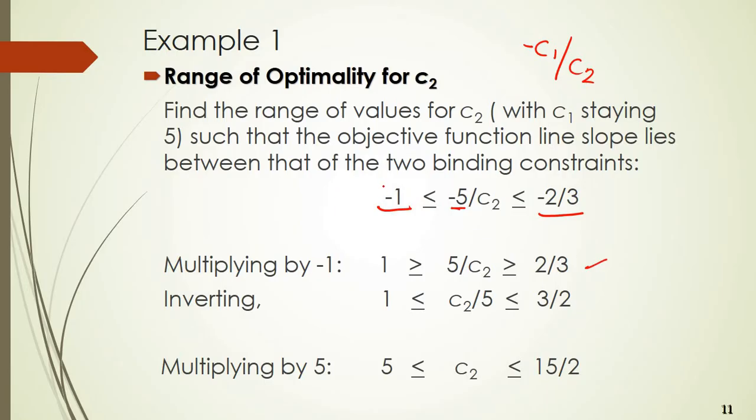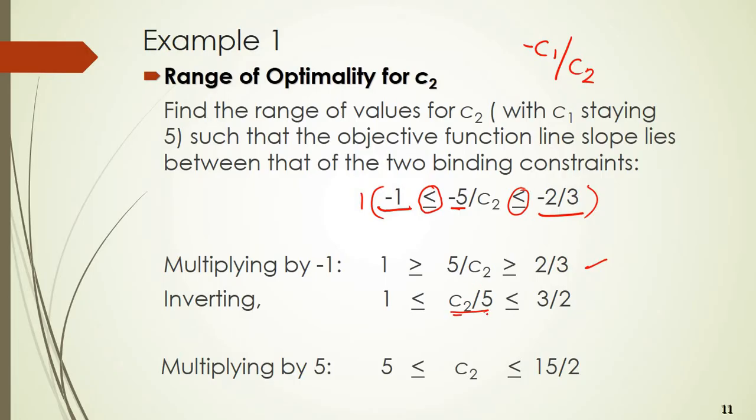Since we multiply these values by -1, the values change, and at the same time the logical expressions also change. So that would be 1 is greater than or equal to 5 over C₂, which is greater than or equal to 2 over 3. And then we need to invert this part.